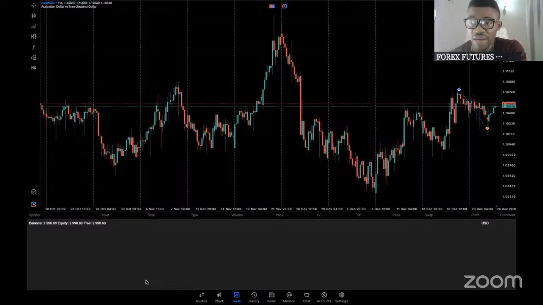we are not still talking about analysis, so I will not go deep into analyzing why the trade did not play or what we can do better next time if we have the opportunity. But what I will say concerning risk management as far as this trade is concerned is that the account balance started from $3,000, and after this trade hit the stop loss, the account balance dropped to 2,990.